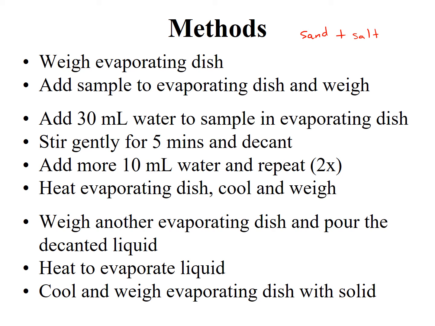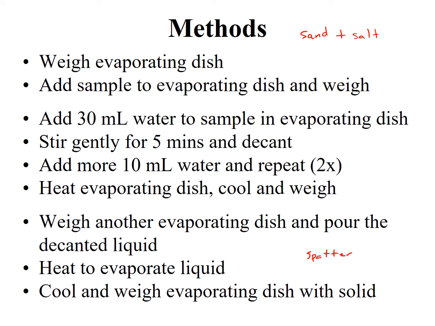to evaporate the liquid. So you're removing the water. Once you do that, you collect the solid. Okay, and you have to be careful because by the end it will start to sputter. So what do we call sputtering?